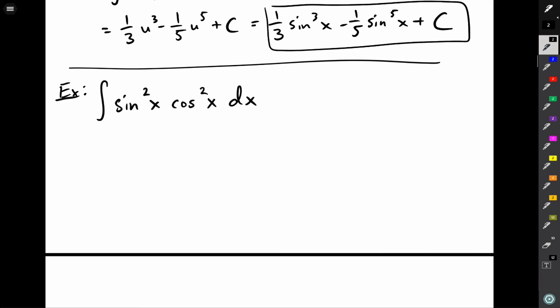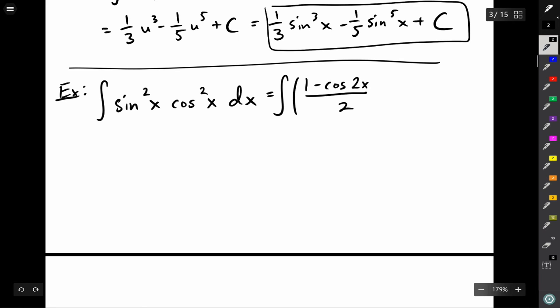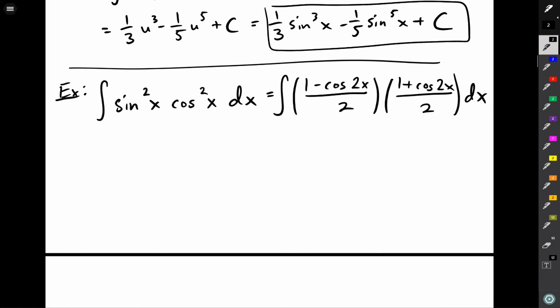So sine squared is 1 minus cosine 2x over 2. Cosine squared is 1 plus cosine 2x over 2. Right? And now we just multiply that out.